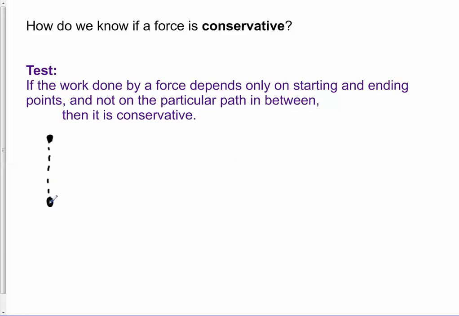So we saw this in gravity because if an object starts at a height and then drops straight down, we figured out the work that was done. Or if it was on an incline and it started at a height and went down diagonally, it didn't matter. It was the same amount of work because our expression for work for gravity was minus mg delta y. So all that mattered was the change in y, which is just your final y minus your initial y.